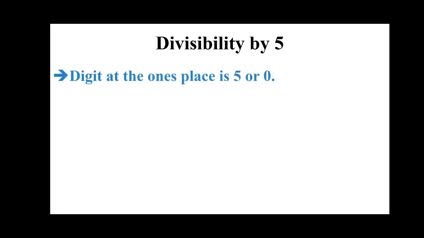Next, divisibility by 5. Look at the ones place digit of the given number. If the ones place digit is 0 or 5, then that number is divisible by 5. Let us see the examples. 230.